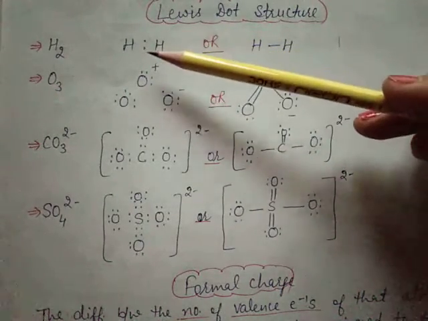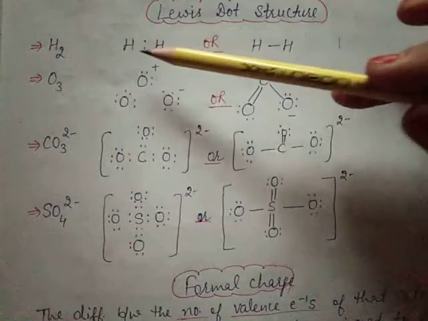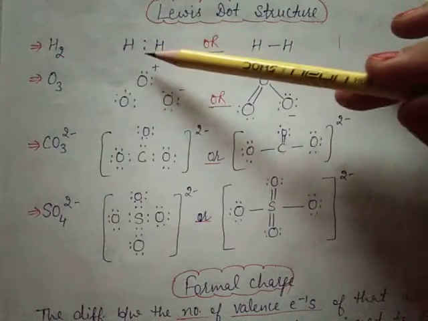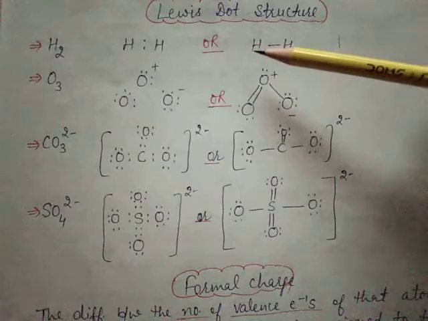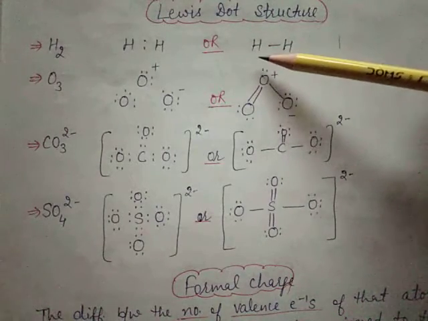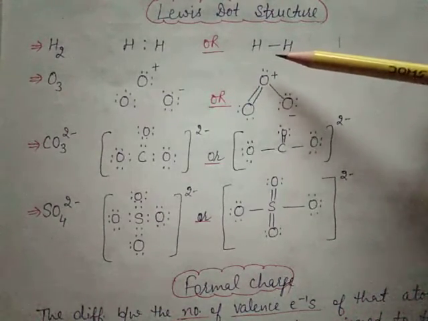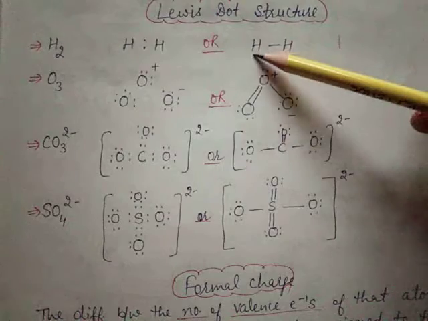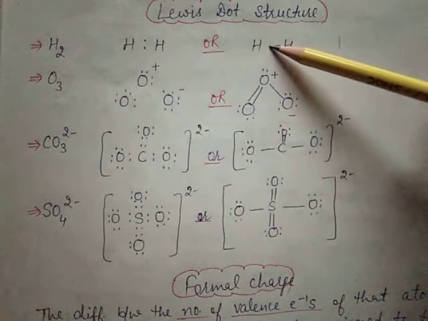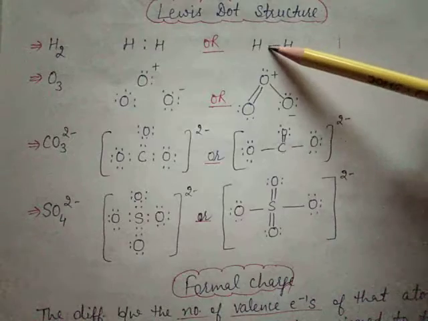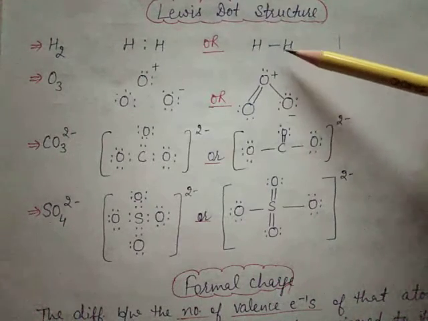Here 2 atoms are present, so these form a linear structure. Now next, step number 3, draw a single bond to the central atom. It will form a single bond because each hydrogen has 1 electron.